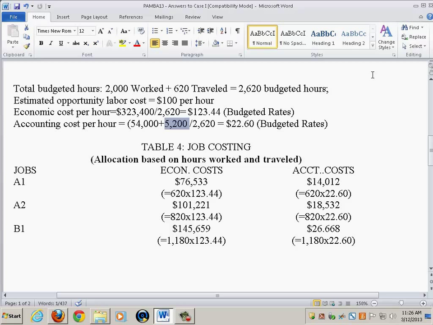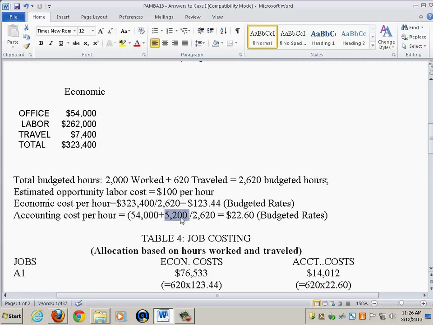So the costs that remain, the accounting costs, would be the accounting travel costs plus the office costs. The office costs are out-of-pocket costs. They're recorded, and they'll be costs.